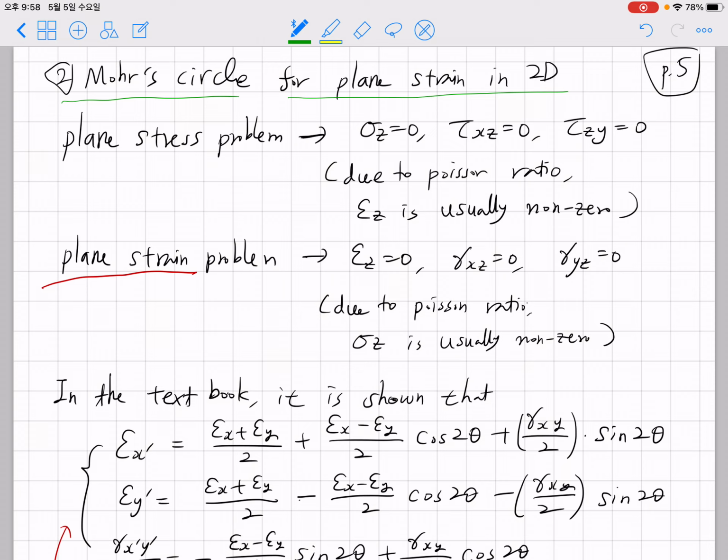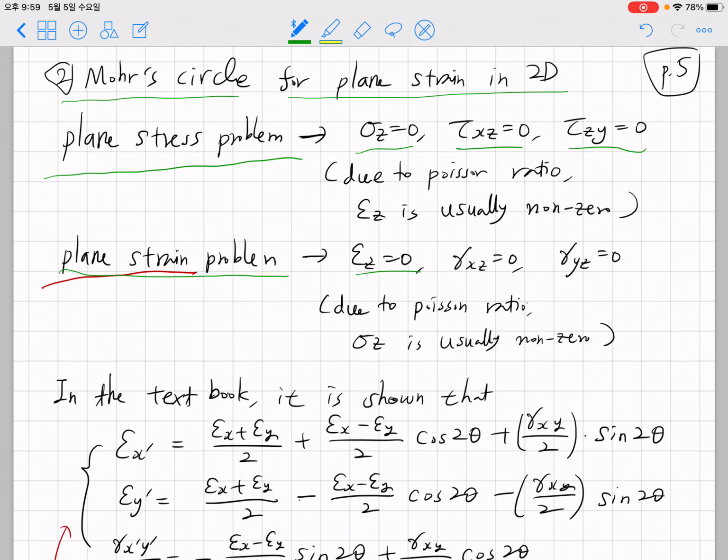First, we already defined plane stress problem. Plane stress problem is a problem such that sigma z, tau xz, and tau zy equal 0, so that you can effectively consider only in-plane stress. Plane strain problem has a slightly different meaning.